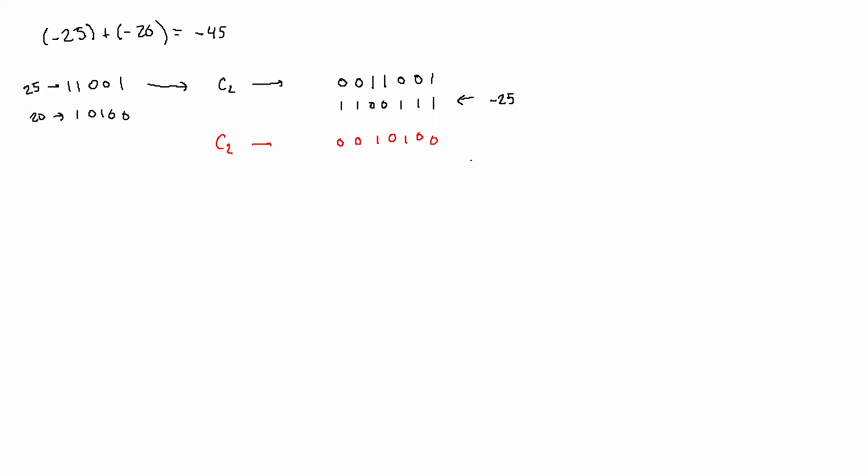And once again, I'm going to start to read from right to left. I'm going to leave everything as it is until I find the first one. I'm going to write it down, and then once again, I'm going to change zeros for ones and ones for zeros. So here it's a 1, 0, 1, 1. Okay, so this actually is a minus 20.